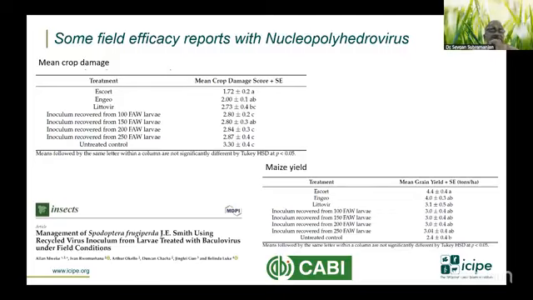So this was tested with the smallholders. The recycled virus is not as effective as the commercial ones, but still it is at times better than the untreated control, which can add to the fall armyworm control strategies.